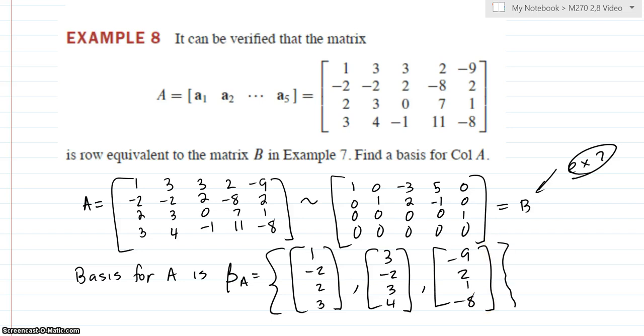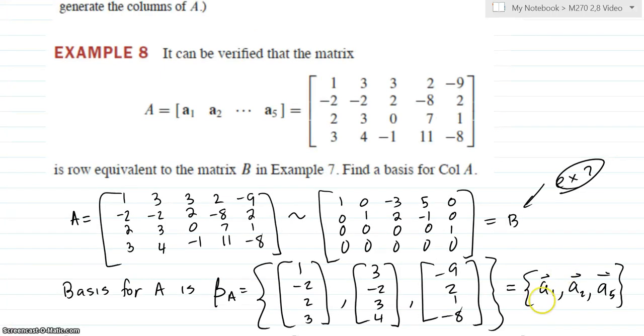The other two columns correspond to free variables, so that relationship, which was hard to find, still holds. Which, by the way, are A1, A2, and A5.